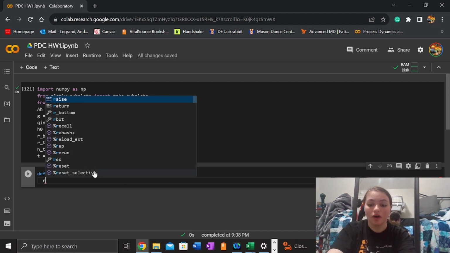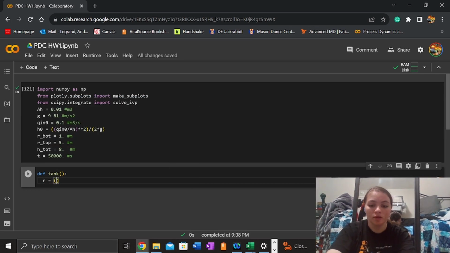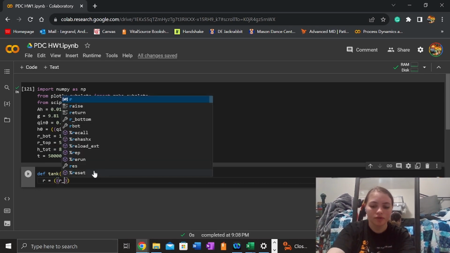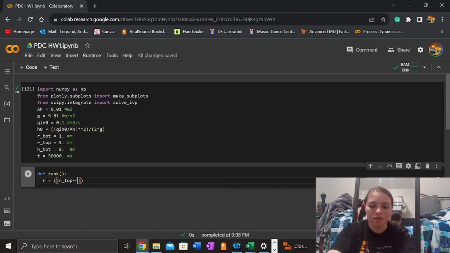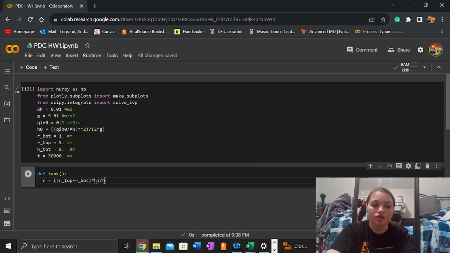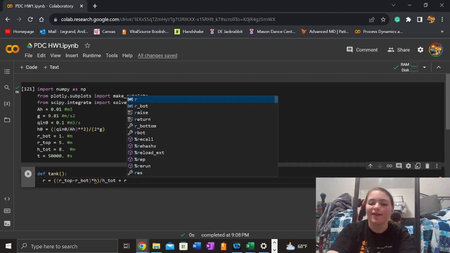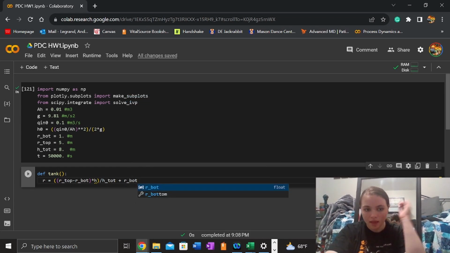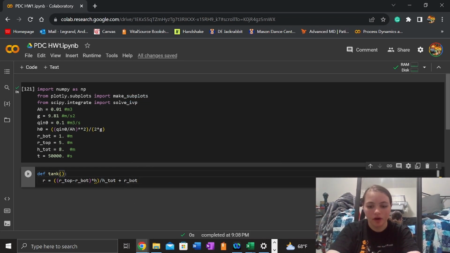So we have r is equal to, we have r_top minus r_bot. And then we multiply that by our height, close parentheses, divide it by our height total, and then we add, not subtract, our bottom.